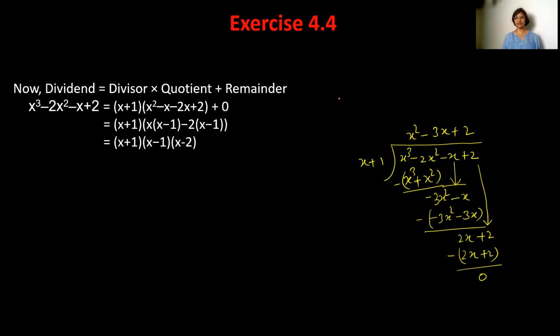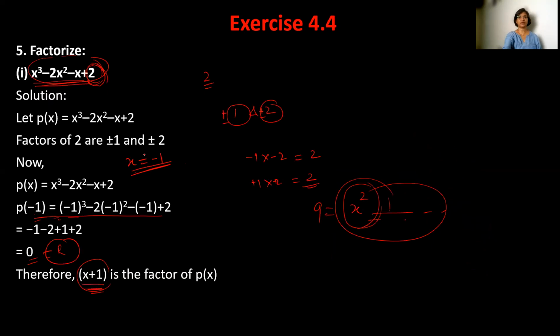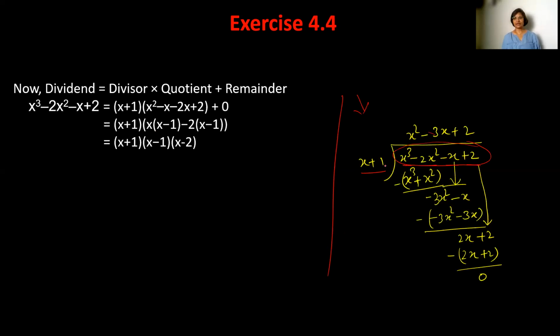So first we will divide. We are dividing x cube minus 2x square minus x plus 2, the expression we got to factorize, by x plus 1. You have to do this on your own, because we have solved many such questions.